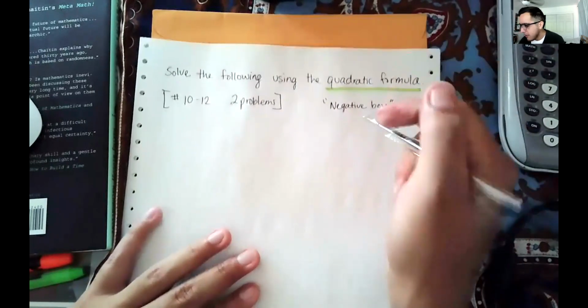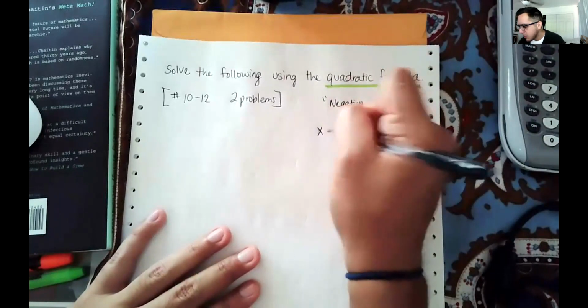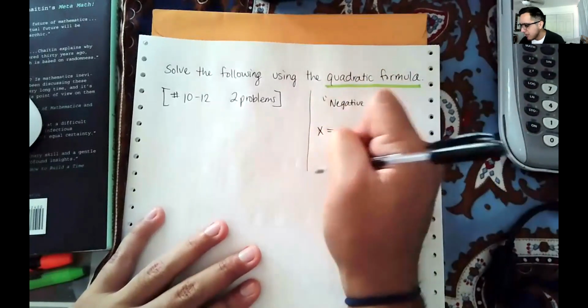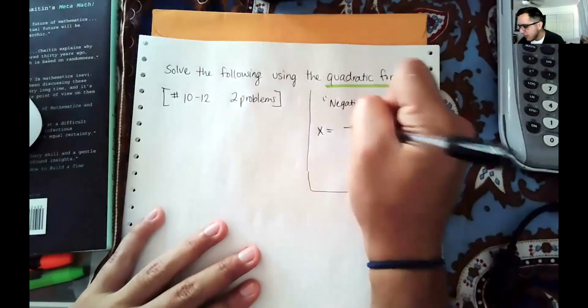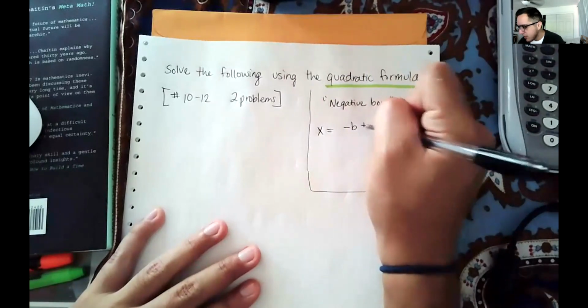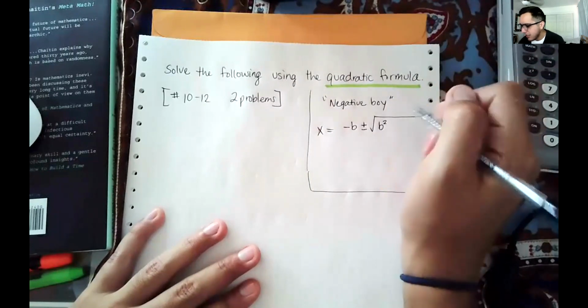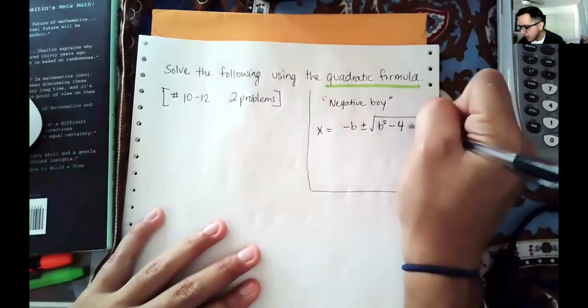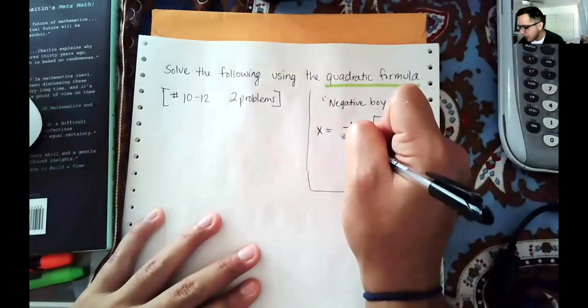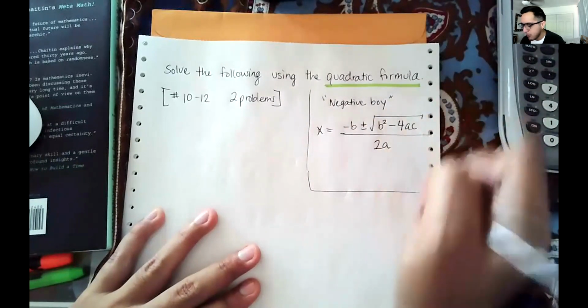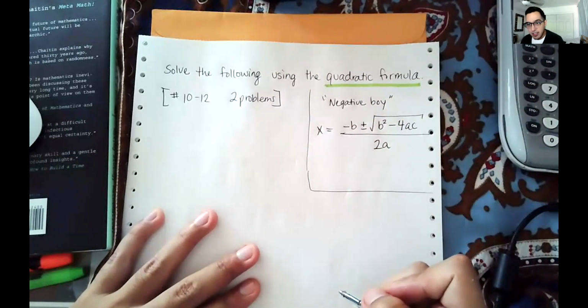And that is x is equal to, or whatever the variable is. The negative boy was unsure of whether to go to the radical party because the boy was a square, so he missed out on 4 awesome chicks, and the party was all over at 2 a.m. in the morning. Okay.